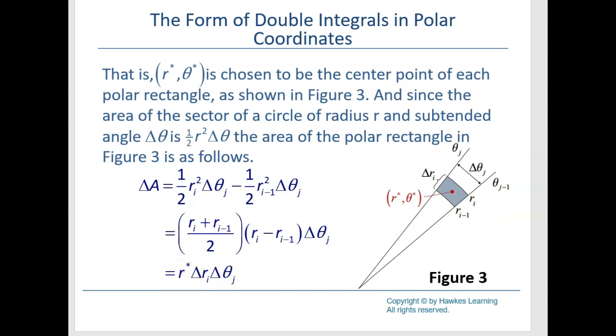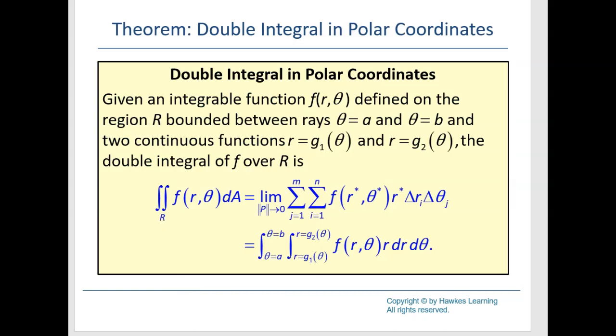So the point being, when we switch from rectangular to polar, if we switch our arguments from x and y to r and theta, we have to remember this extra little r in dr d theta.